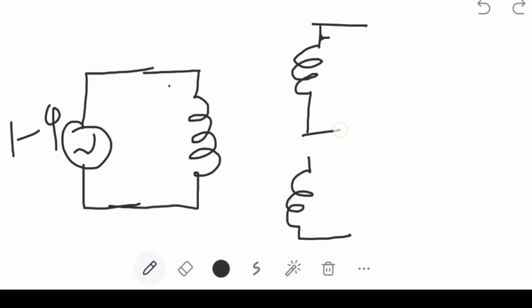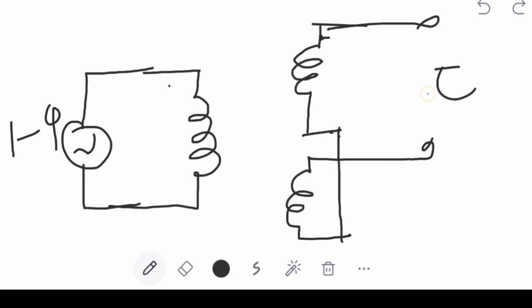The two secondary windings are connected in opposition. This is the EMF induced, and this is also induced. Now this is the output.